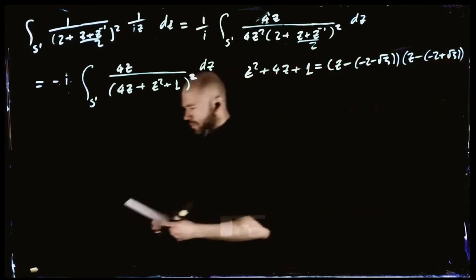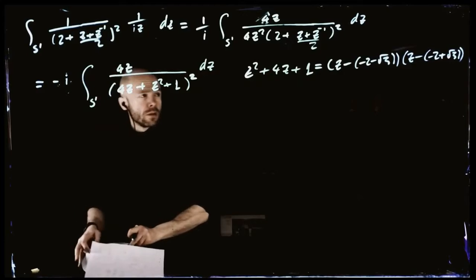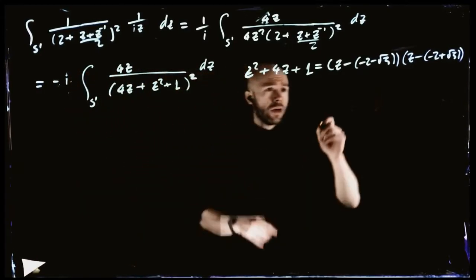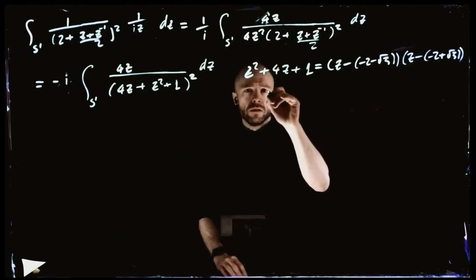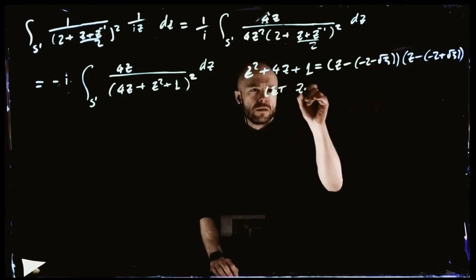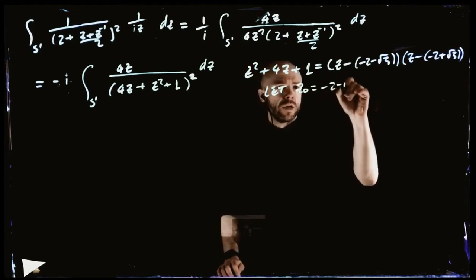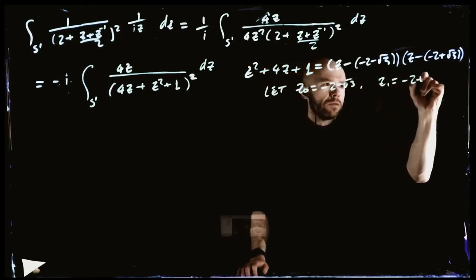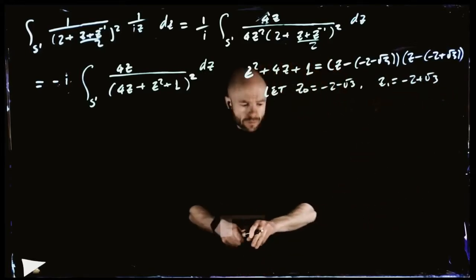These are the factors. And these are annoying to write out because they're long, so let z0 be minus 2 minus root 3, and let z1 be minus 2 plus root 3, like this.